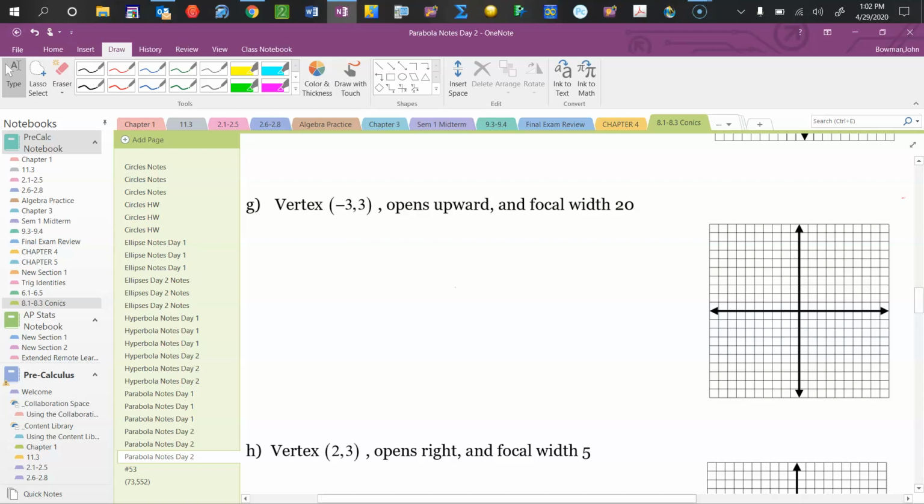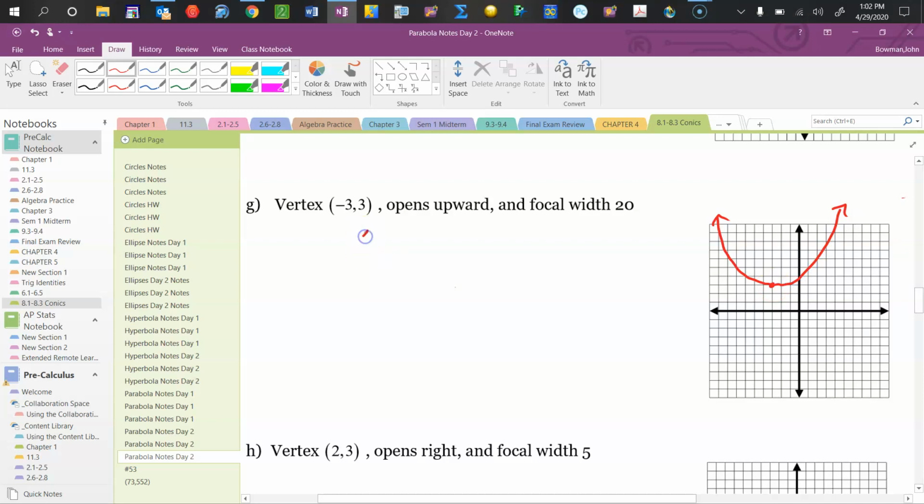A vertex at negative 3, positive 3, opens upward. So we know that this thing opens up like that. And it has a focal width of 20.